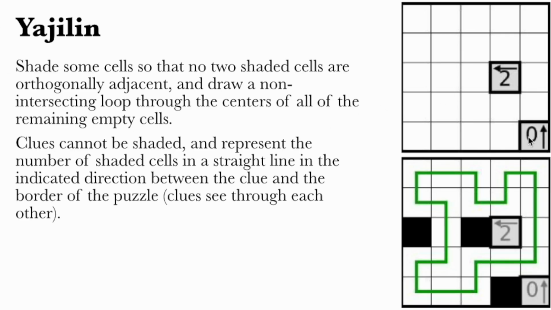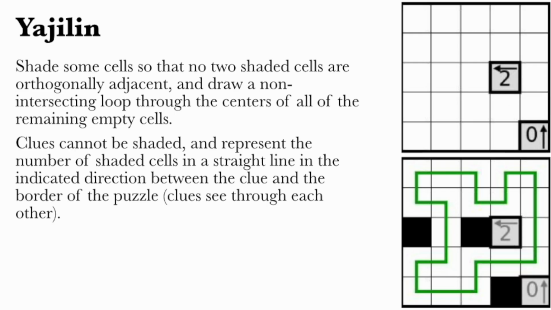These are the clues. And they represent the number of shaded cells in a straight line in the indicated direction between the clue and the border of the puzzle. Clues see through each other. So that's saying, this 2 is saying that between this clue and the edge of the grid, there are exactly 2 shaded cells. It does not count the whole row, just in the direction of that arrow.